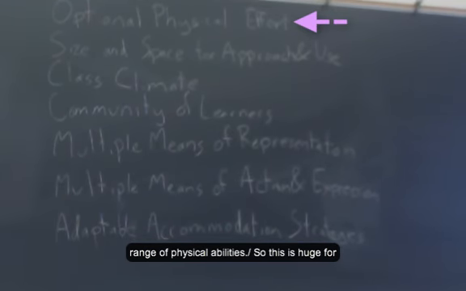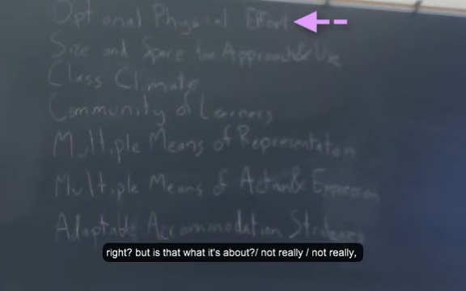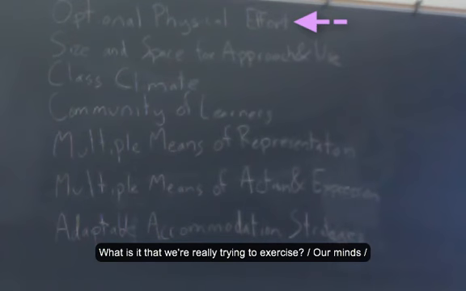So this is huge for our friends with mobility impairments of any kind. But it's also just a good principle. And in teaching and learning, it's nice to be sometimes physically engaged in some activity, right? But is that what it's about? Not really. What is it that we're really trying to exercise?